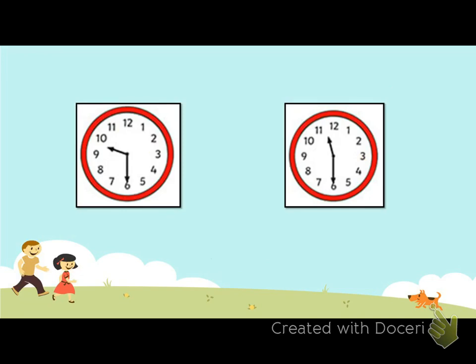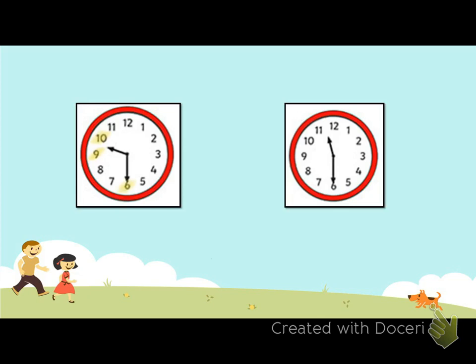Let's have a look at the first clock. Now remember, we always look at the hour hand first. Here it is pointing between the 9 and the 10. So we know it is 9 o'clock and not yet 10 o'clock. Now we look at the minute hand and it is pointing to the 6.